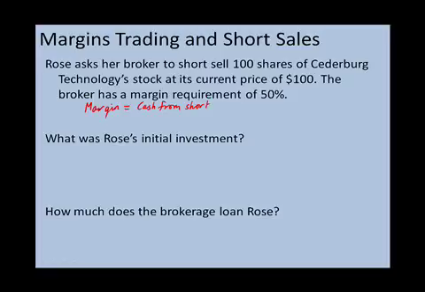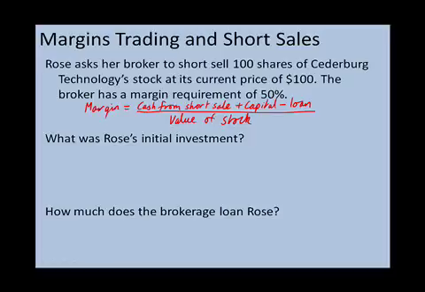So if you short sell a stock, you get the cash initially, plus the capital that you invested into your account, minus the loan from the brokerage. And all of that is going to be divided by the value of the stock. So this is our new definition for margin.